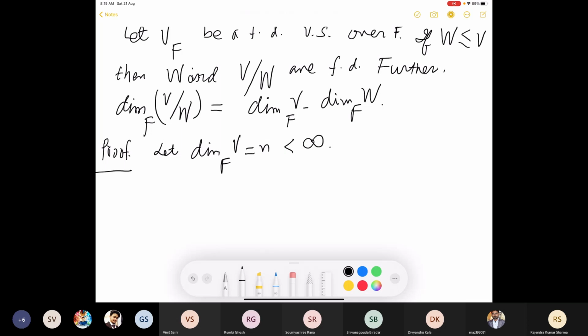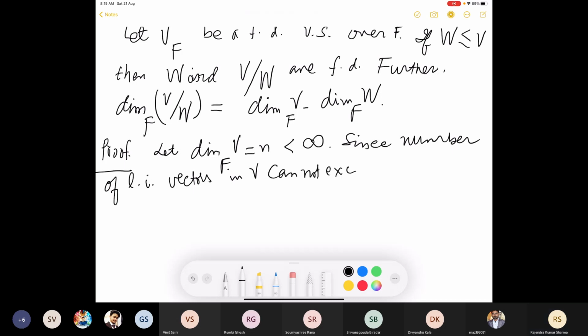So what we know is that the number of linearly independent vectors in V over F cannot exceed n.